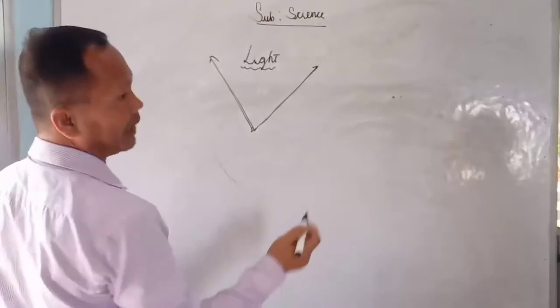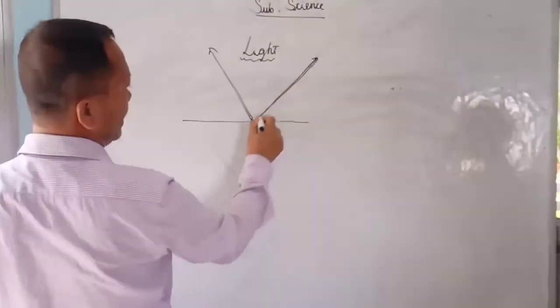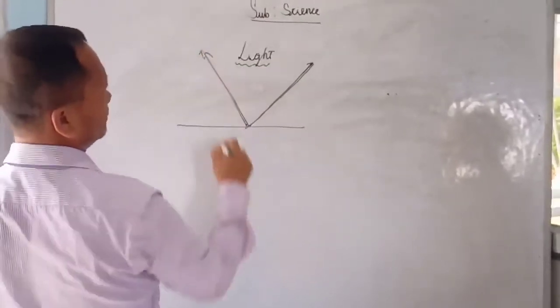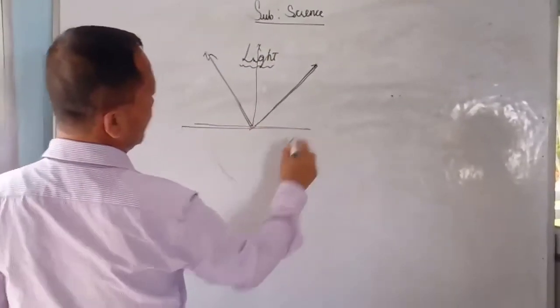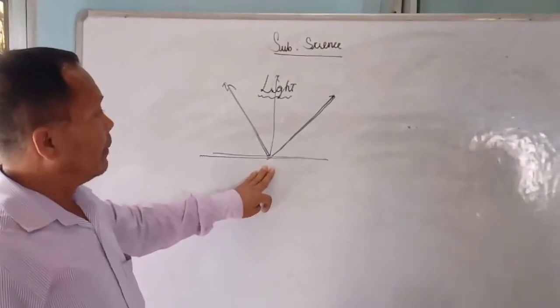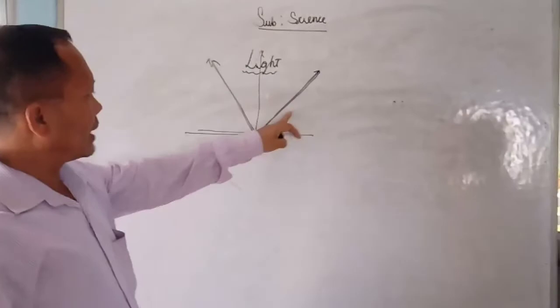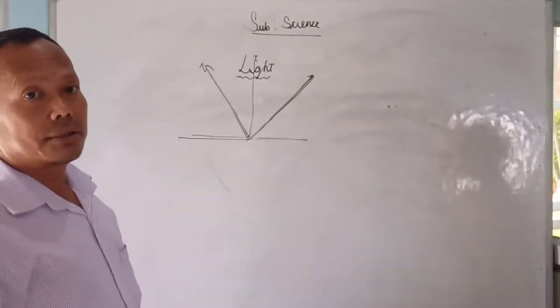So, what is reflection of light? When the incident ray touches the surface and is reflected, having the normal on the same plane, that is called reflection of light. When the light travels and touches the surface and gets reflected, that is called reflection of light.